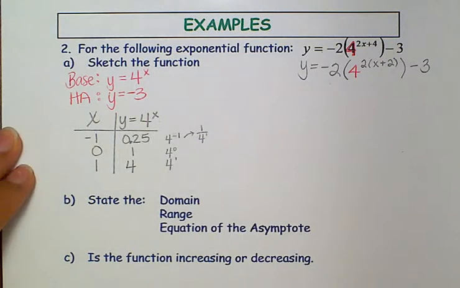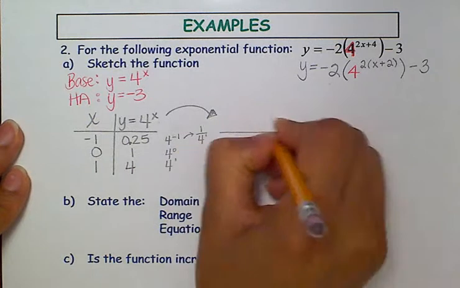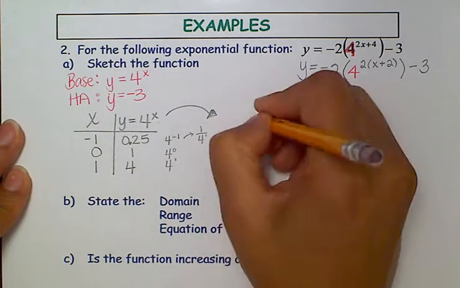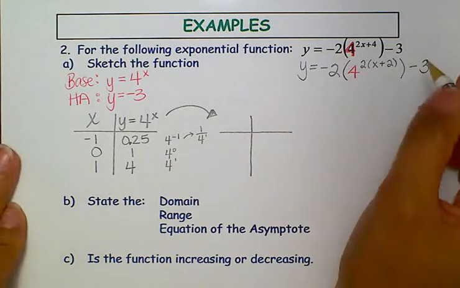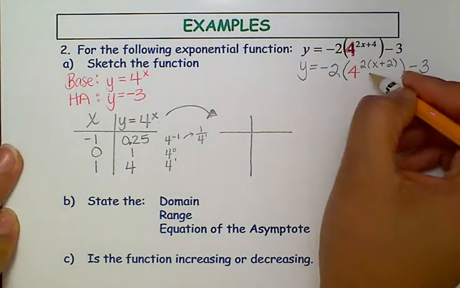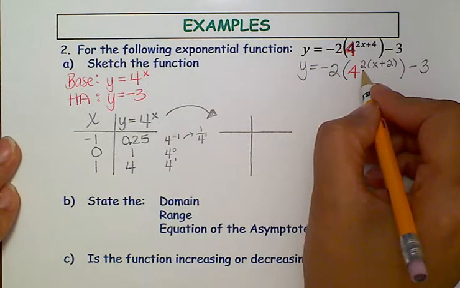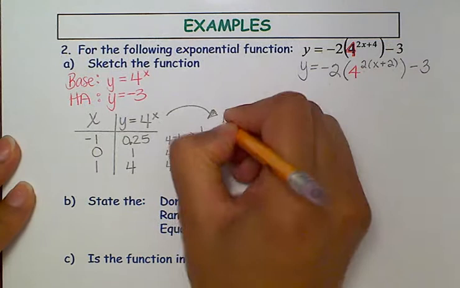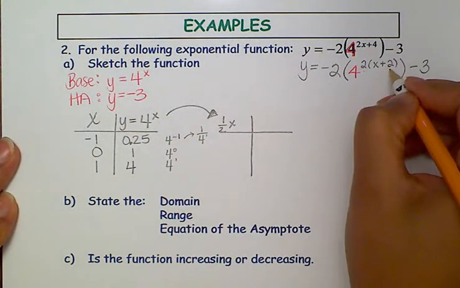Now let's look at the different transformations that are going to be applied to this to figure out our mapping formulas. And so let's start by looking at the x values. Horizontal transformations appear in the exponent part. So the first number here is actually a horizontal compression by a factor of a half. And the second number is actually a horizontal shift to the left 2.